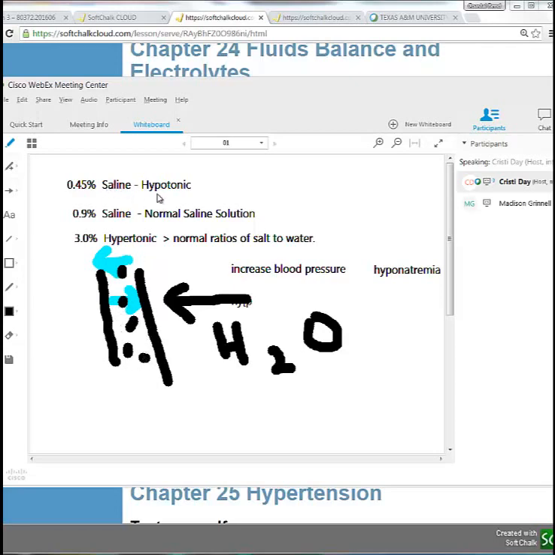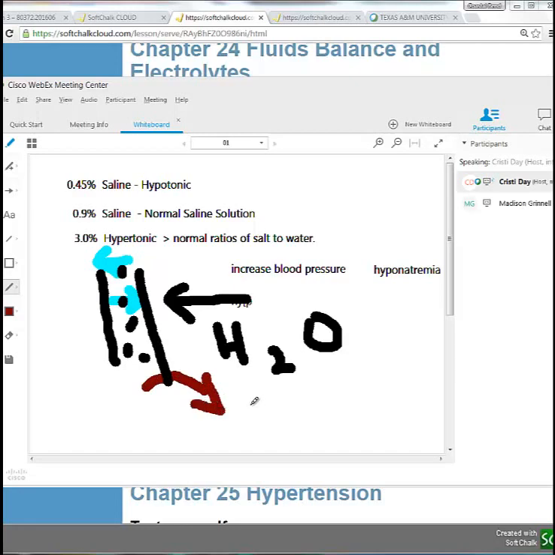We're going to give them a solution that has more water than salt. And now inside of their vessels, they have less salt than their tissues, right? The balance here between the tissues and the vessel is now changed.